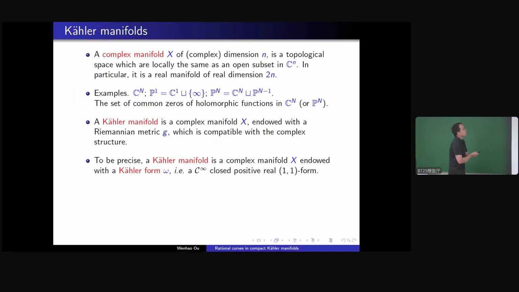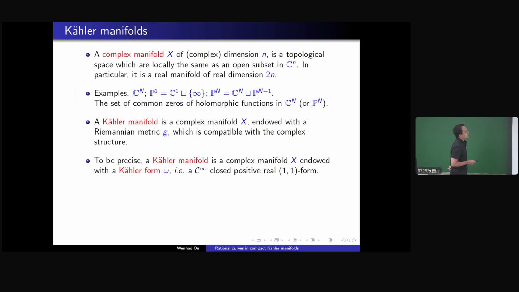It is a straightforward extension of the notion of real manifold. A complex manifold is a topological space which is locally the same as an open subset in Cn. So we just replace Rn by Cn.